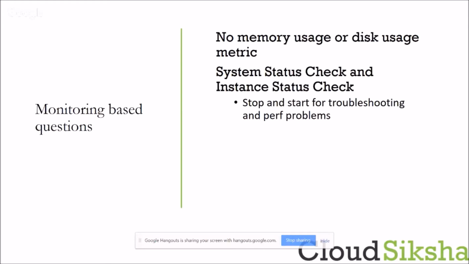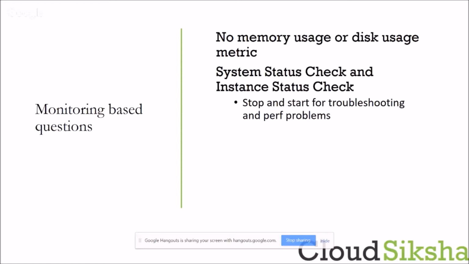So if you find that the system status check is showing an error, or you find that your instance has slowed down considerably, though your application remains the same and your load remains the same, but your instance seems to be performing slower than what it used to earlier, then also there's a possibility that your instance will improve its performance if you shut down and restart.